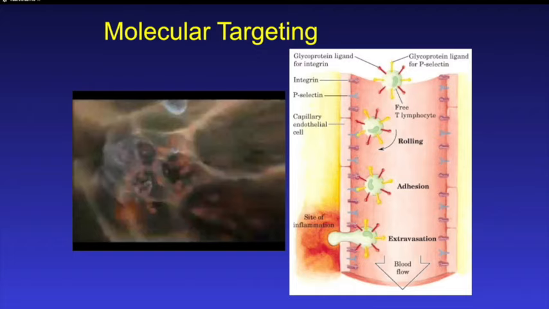When looking at the animation, what we do find is the protein and sugars that are on the outside, both glycoproteins and p-selectin on the outside of T lymphocytes, are making interactions with the blood vessel. And so there's an adhesion between the two.